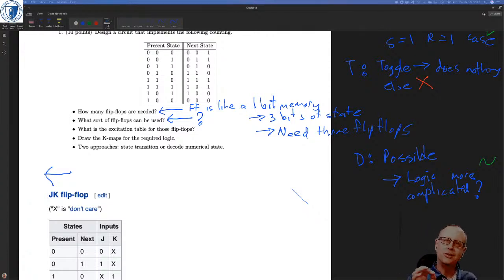And I want you to discuss in those groups how you go from the information we have so far to that next line, draw the K-maps for the required logic. So let me just see if this works. I haven't tried it before. There should be 6 breakout rooms, so probably 3 or 4 students per breakout.